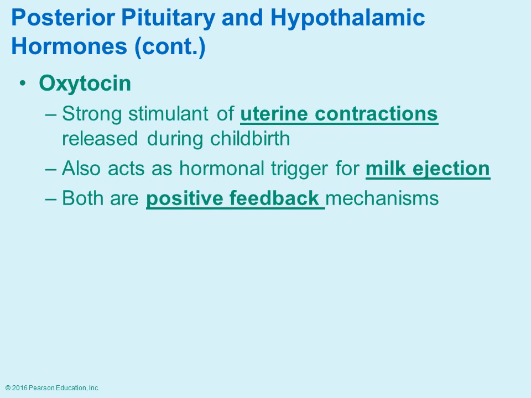Those contractions are then going to stimulate additional release of oxytocin, which triggers an even stronger contraction. The stronger contraction continues to stimulate even more release of oxytocin, and then you get even stronger contractions. And so positive feedback is where whatever response you're getting is just going to keep increasing. And this increases until childbirth actually occurs.